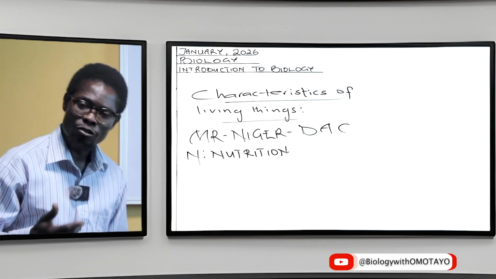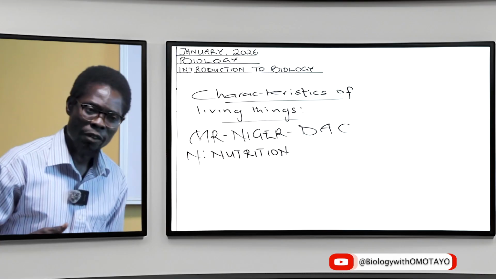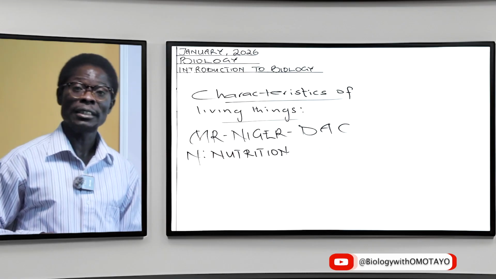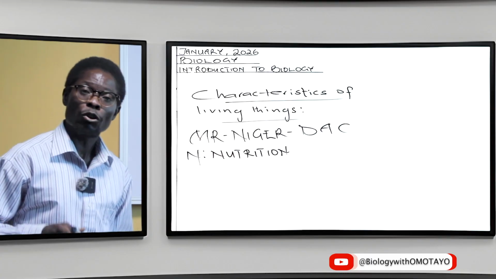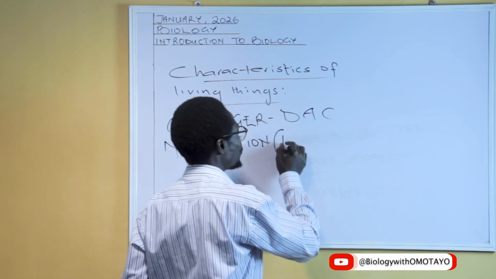Taking in enriched materials so that energy can be derived, growth can be obtained, and development can be obtained. In animals, we have what we call heterotrophic nutrition.